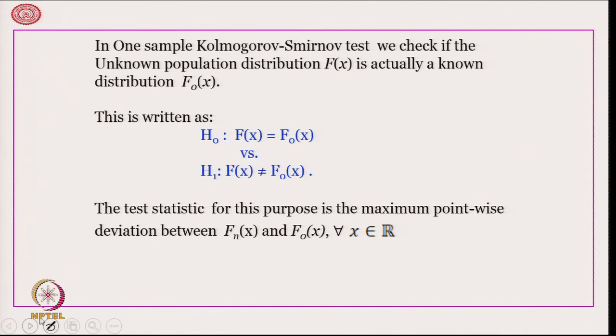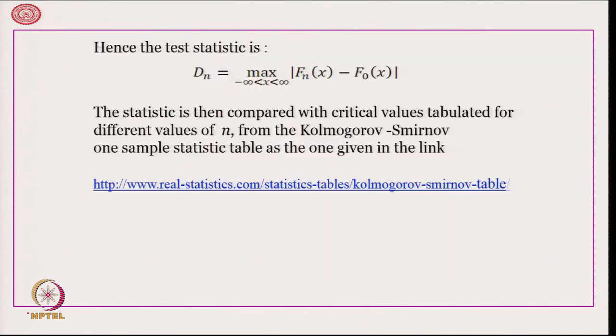In the one sample Kolmogorov-Smirnov test, we check if the unknown population distribution F(x) is actually a known distribution F0(x), that is, we are checking F(x) equal to F0(x) versus F(x) not equal to F0(x). The test statistic for this purpose is the maximum pointwise deviation between Fn(x) and F0(x) for all x belonging to R. Therefore, the test statistic is Dn equal to the maximum of the absolute value of Fn(x) minus F0(x) for x between minus infinity and infinity.